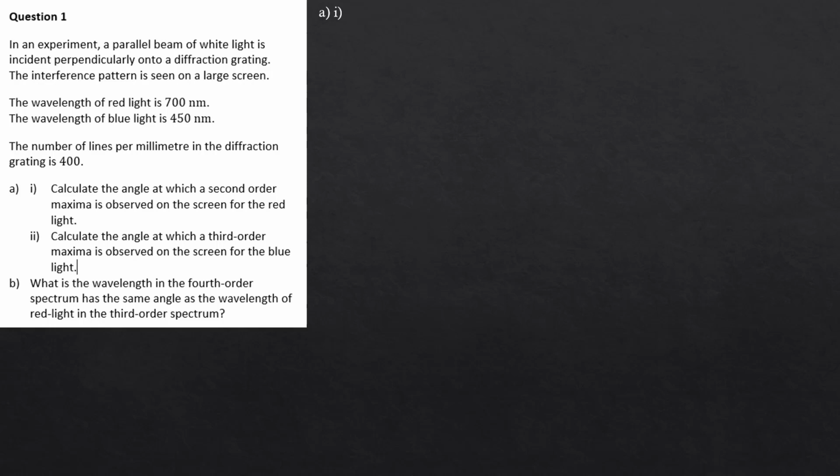The wavelength of blue light is 450 nanometers. The number of lines per millimeter in the diffraction grating is 400. We are asked to calculate the angle at which a second order maxima is observed on the screen for the red light. So we are going to start here.